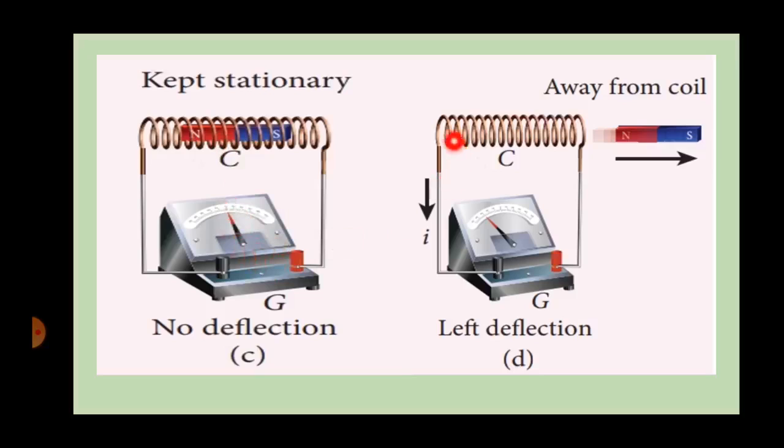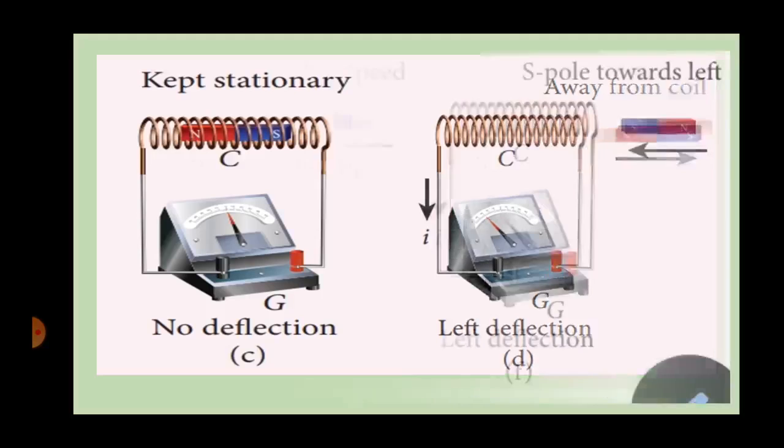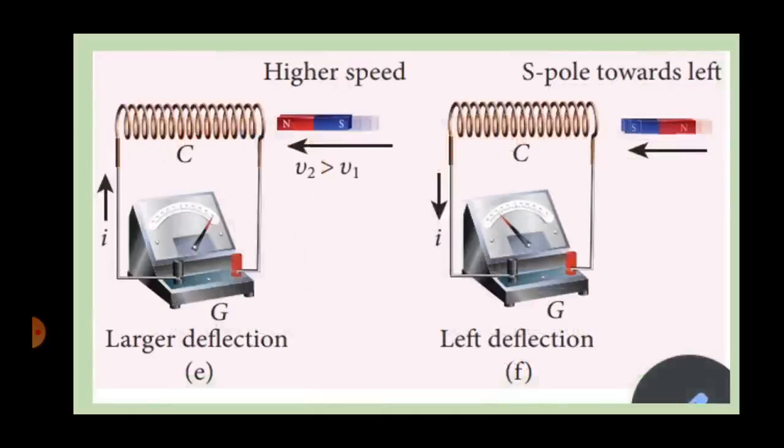Now the bar magnet is moved away from the coil. The galvanometer again gives a momentary deflection, but in the opposite direction. Now see the terminal. This is opposite in direction. So the electric current flows in the opposite direction. Are you clear, children? Okay. Now the galvanometer deflection is more when the magnet is moved faster.